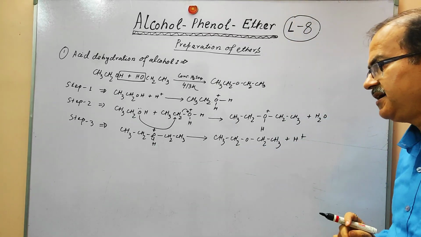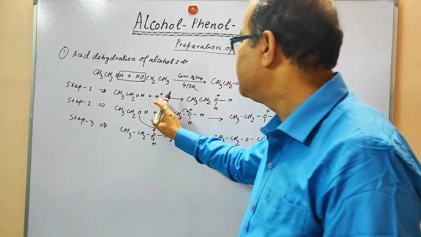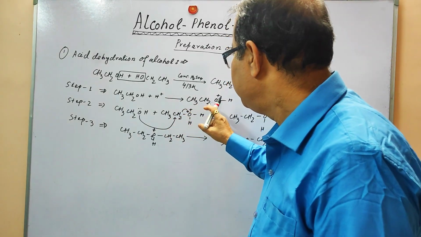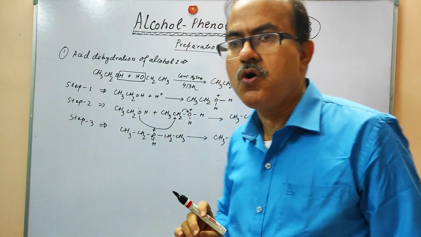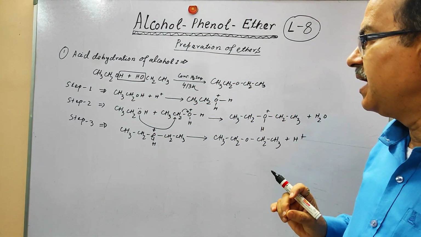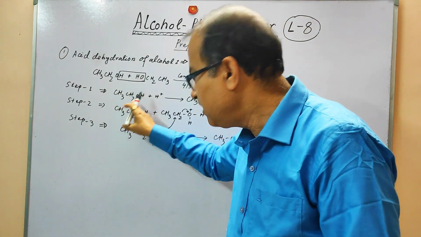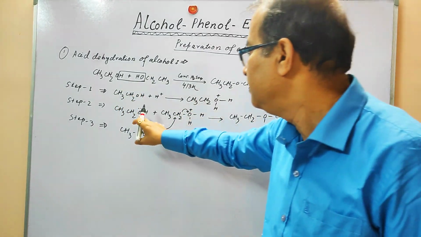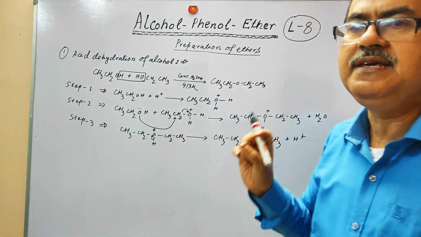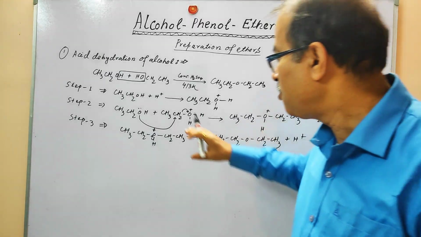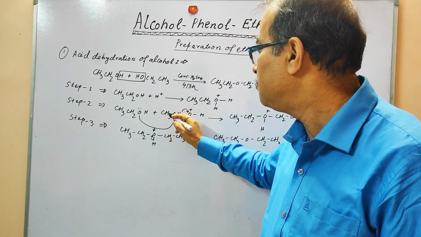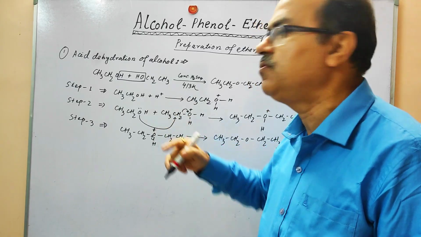Now you can easily understand that an SN2 reaction is going on here. If it is a 2 degree or 3 degree alcohol, the addition of this alcohol to this carbon atom is not very easy, not possible, because of the presence of bulky groups. The CH3 group is a bulky group. Here there is only one group.